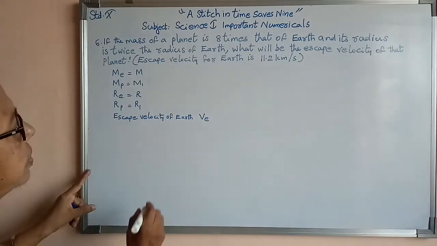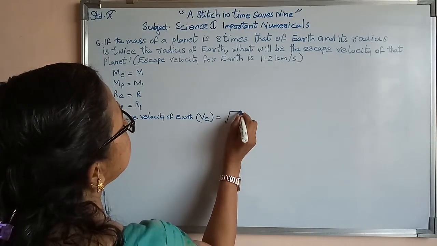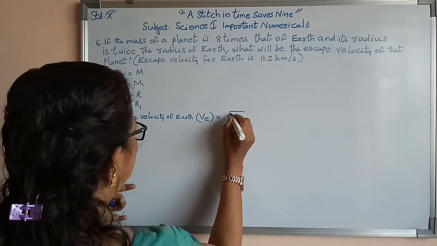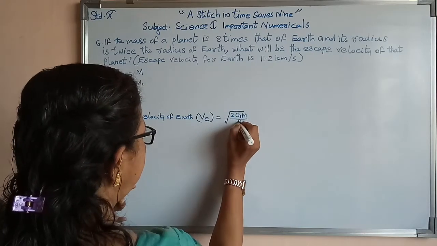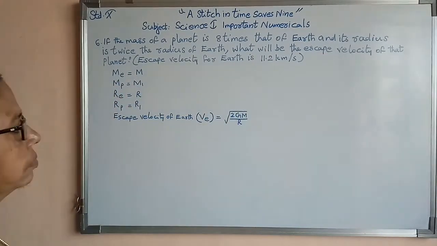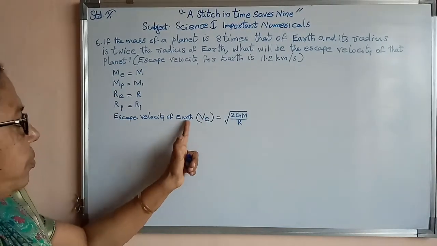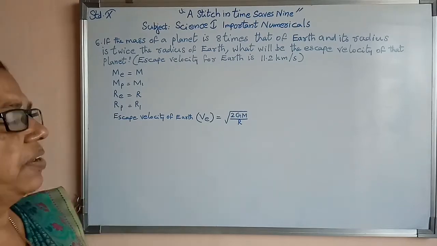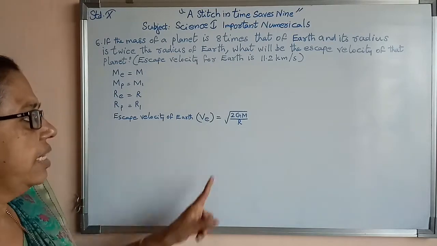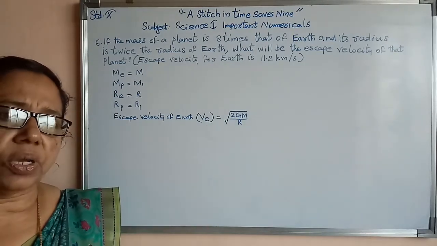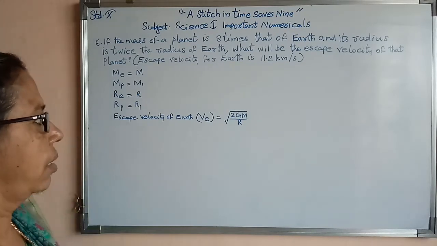Escape velocity of Earth, V small e, is equal to square root of 2GM upon R. It's a formula, what is that? Square root of 2 capital G capital M upon capital R.